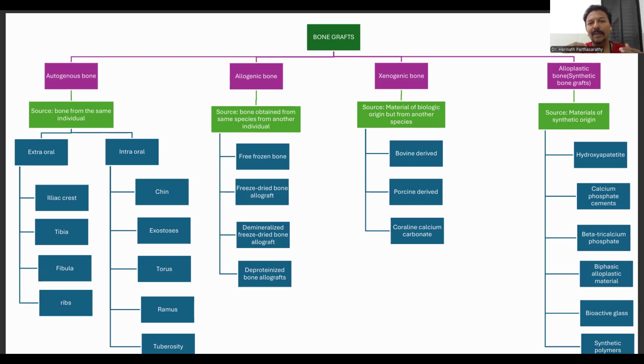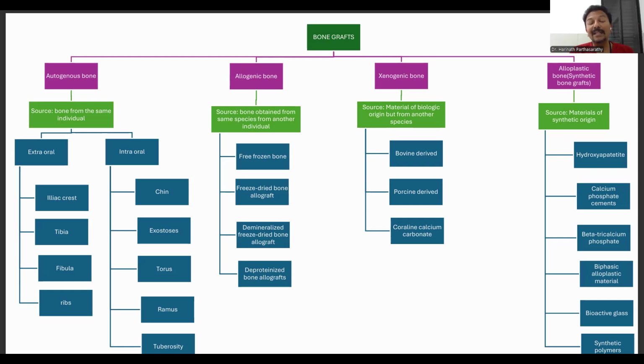So better to use FDBA for sinus augmentation procedures. For all other implant-related work, ridge augmentation, socket augmentation, socket preservation, the use of DFDBA will be a better choice.